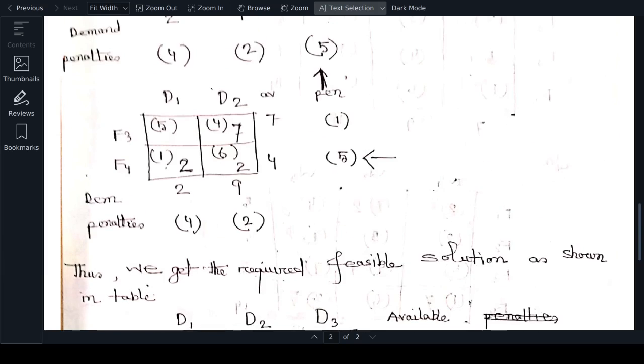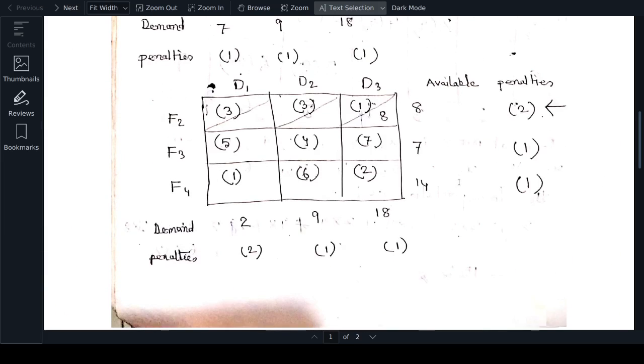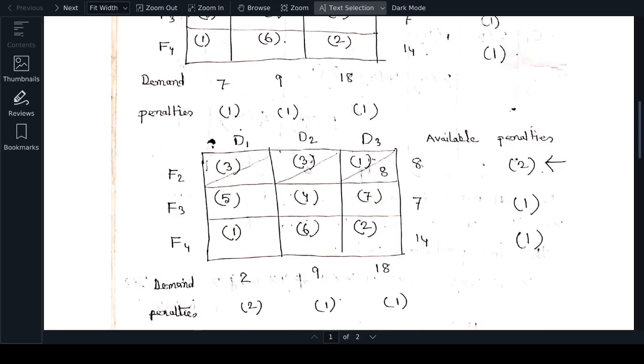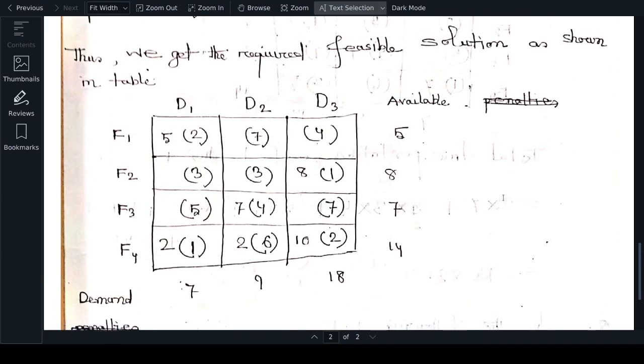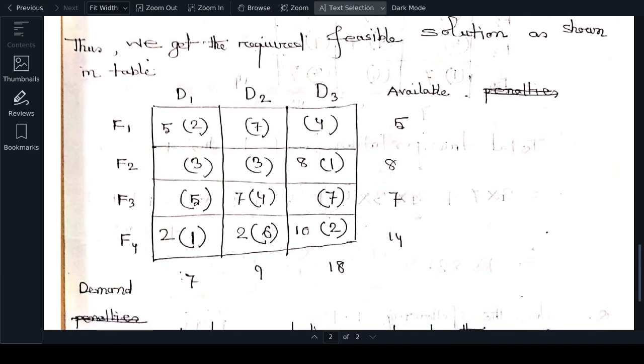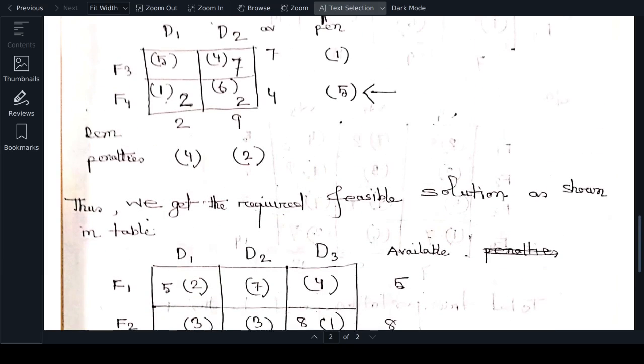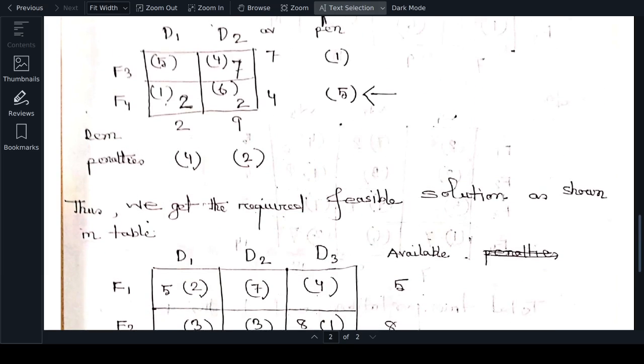So I have written 8. Then third table, we give allocation F4 D3, we give 10. And next step we give the allocation F3 D2 7, F4 D1 2, and F4 D2 2. We give the allocation.